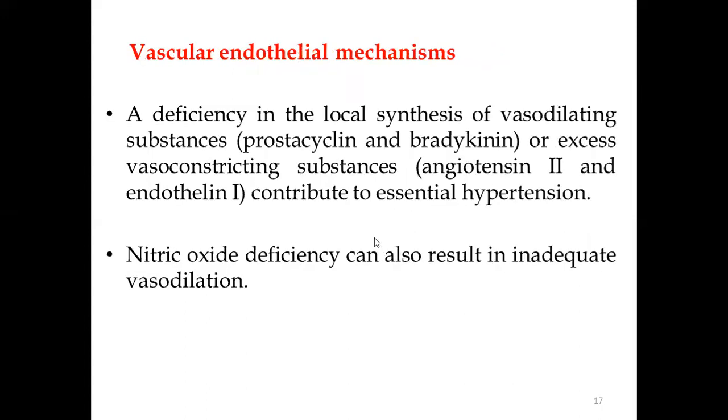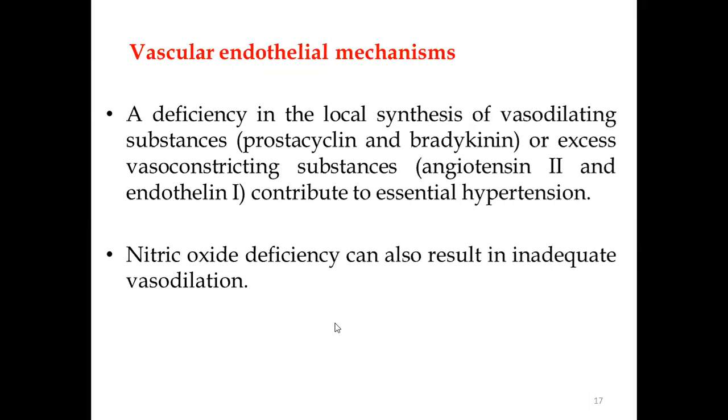Then apart from that, we do have vascular endothelial mechanisms in regulating blood pressure. When there is deficiency of local synthesis of vasodilating hormones, like prostacyclin and bradykinin, they can cause an increase in blood pressure.